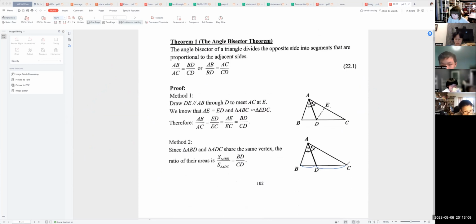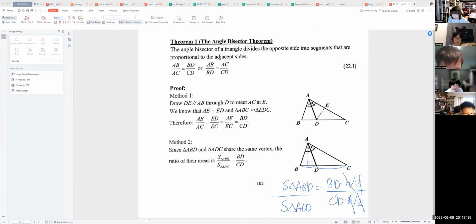Do you understand why, everybody? Because they share the same height, correct? Triangle ABD equals BD times height divided by 2, and triangle ACD equals CD times height divided by 2. The divided by 2 and the H are gone, so triangle ABD to ACD is just BD over CD. Correct, everybody?